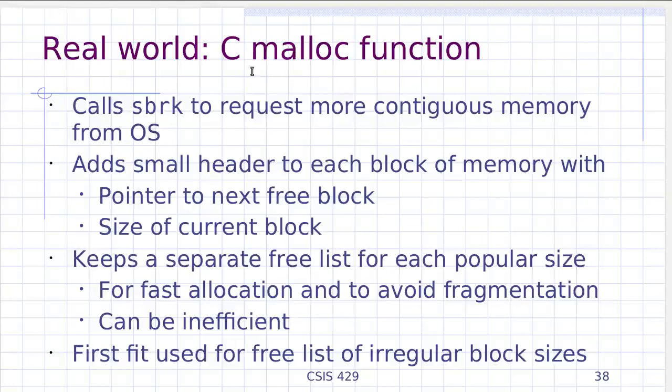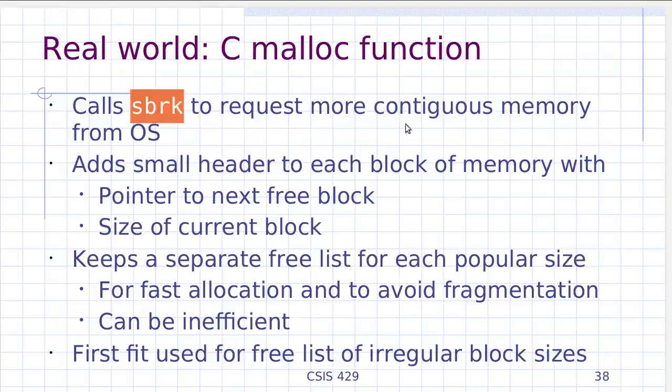So in the real world, what does malloc use? If you call the C malloc function in a program, what it really does is call this function sbrk, which is like memory map. It says, I'm going to increase the amount of virtual memory that I'm using.